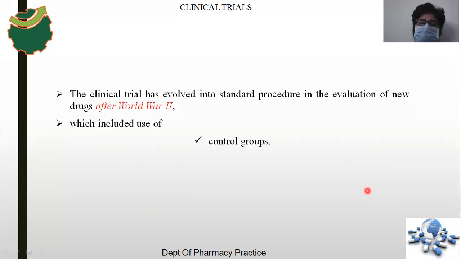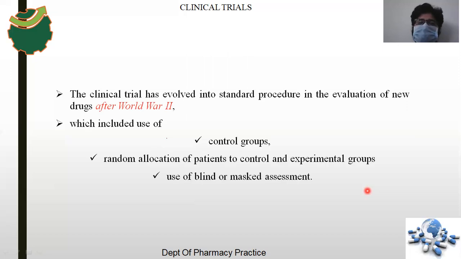Next, clinical trials evolved at a much faster and higher rate after the Second World War, becoming standard procedures. Why did this happen? In the Second World War there was a huge loss for all the countries, the winning and the losing countries. Huge biological warfare was used, and new, unknown diseases and pandemic conditions appeared because of changes in climatic temperatures, since atom bombs, gunpowder and many other weapons were used.